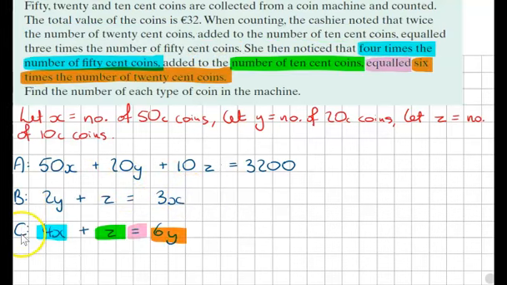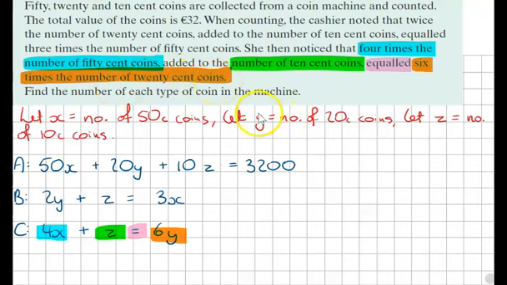Then I'm going to set up equation C. We were then told that she noticed that 4 times the number of 50-cent coins, so that's going to be 4x, was added to, so we have a plus, the number of 10-cent coins, so that's z on its own, no number in front of it, equaled, so we have equals 6 times the number of 20-cent coins.